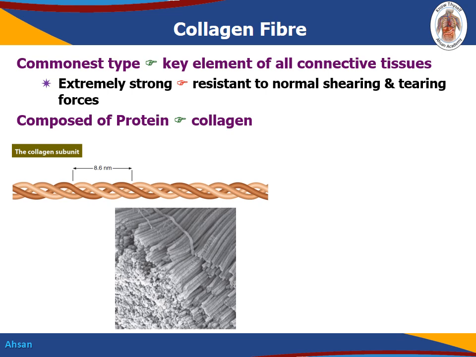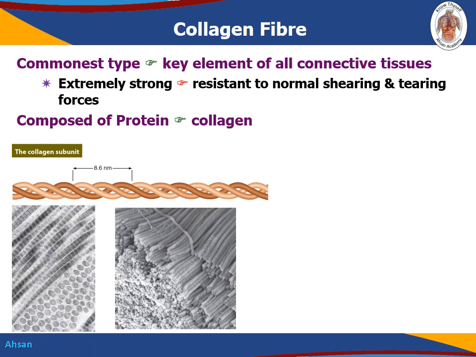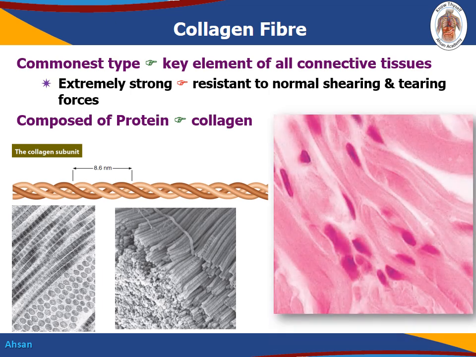You can see the electron microscopic appearance of the collagen fibers, and it shows a specific arrangement of the protein in it. In HE stain, it looks like this pink colored bundle.